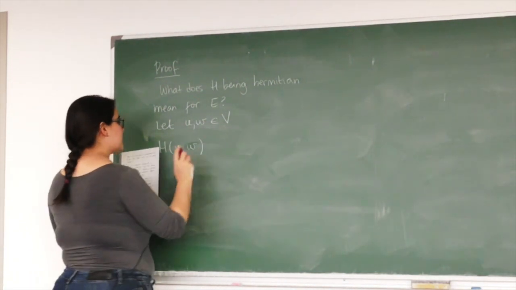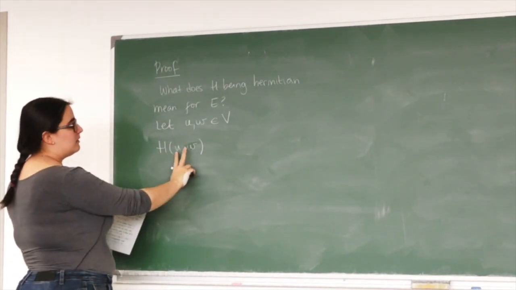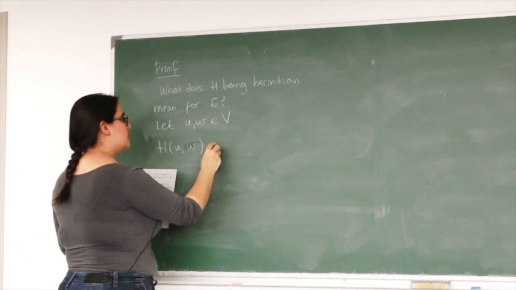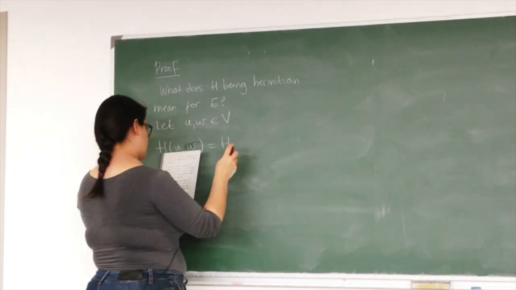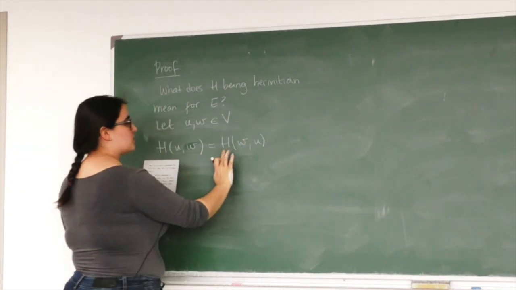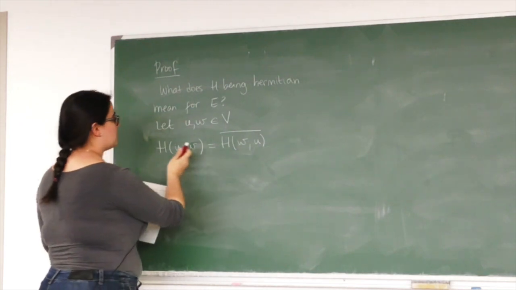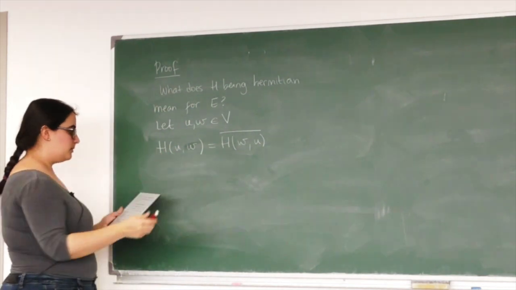I hope I don't mix them up as I write. So we have that it is Hermitian if swapping the two variables is twisted by complex conjugation. So by that I mean that the conjugate of H of W, U is equal to H of U, W.